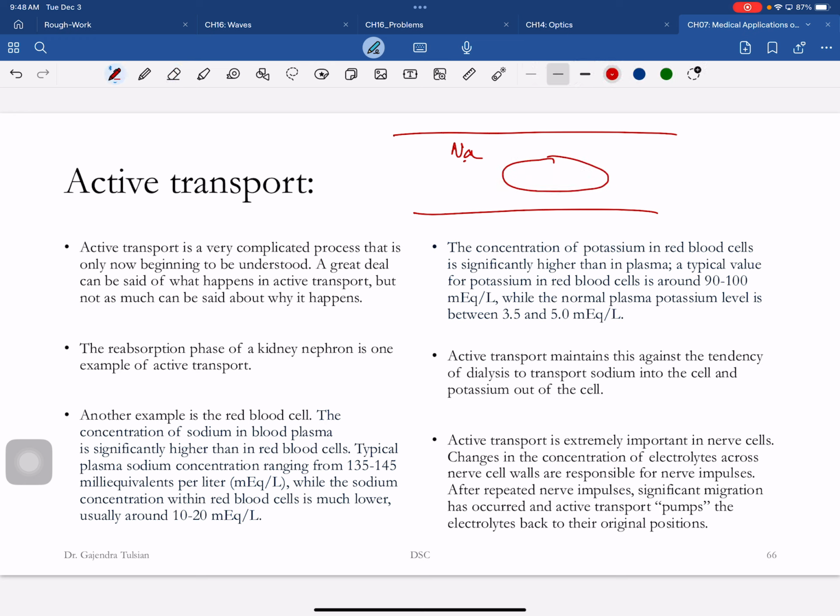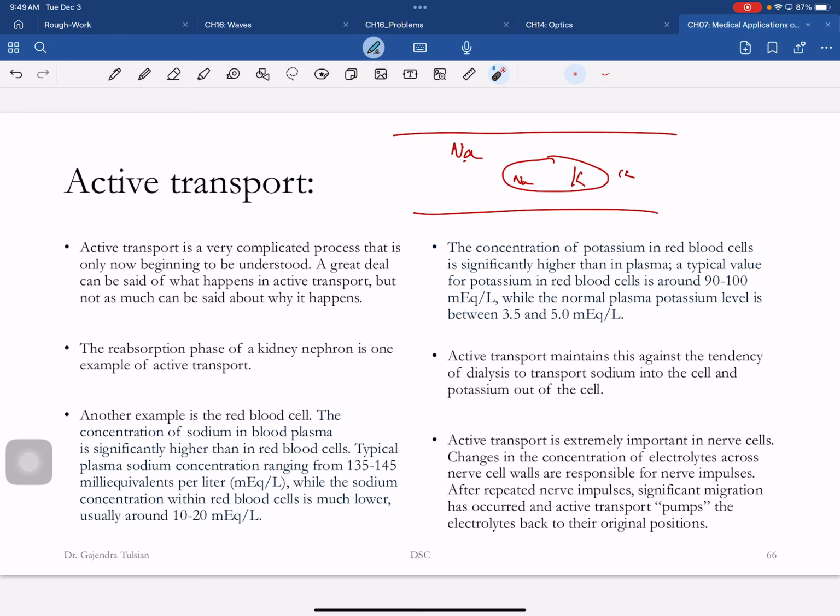Sodium concentration is lower and potassium is higher. Potassium wants to come out, and active transport maintains that. It keeps pulling potassium back into the red blood cells. The concentration of potassium in red blood cells is significantly higher than in plasma, about 20 times higher.